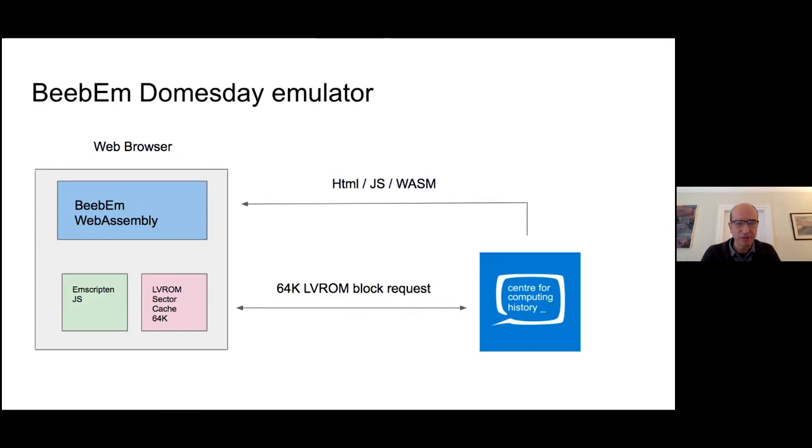Cache fixes most things, so that you have a larger block, a 64K block here of content that's taken from a request to the museum server, so you can actually have that in memory, and the hit rate of each of those 256 byte requests into that cache is sufficient that it runs very quickly. It gives you that nice experience, so you can actually experience Domesday in the way that you like to imagine.